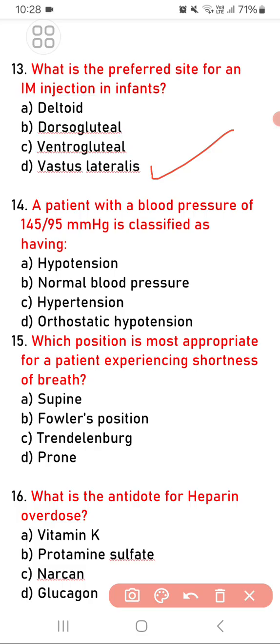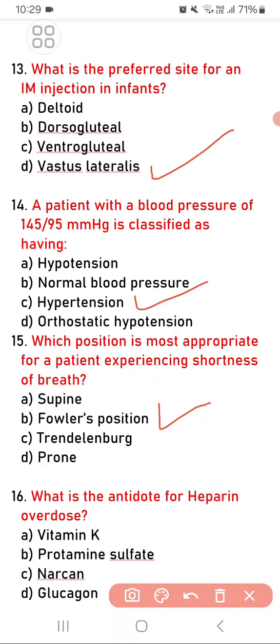A patient with a blood pressure of 145/95 mmHg is classified as having hypertension. Which position is most appropriate for a patient experiencing shortness of breath? Fowler's position.